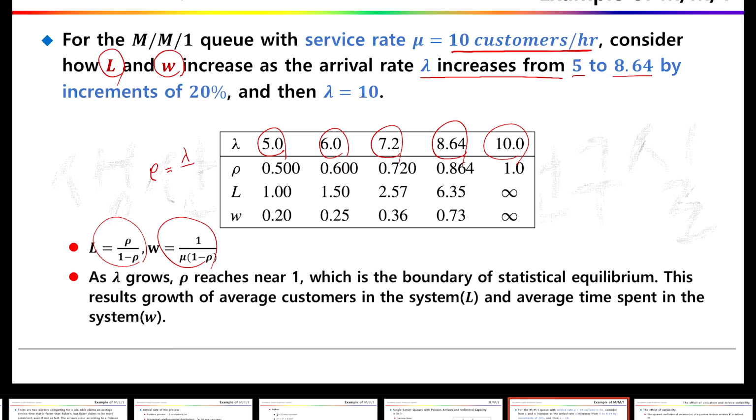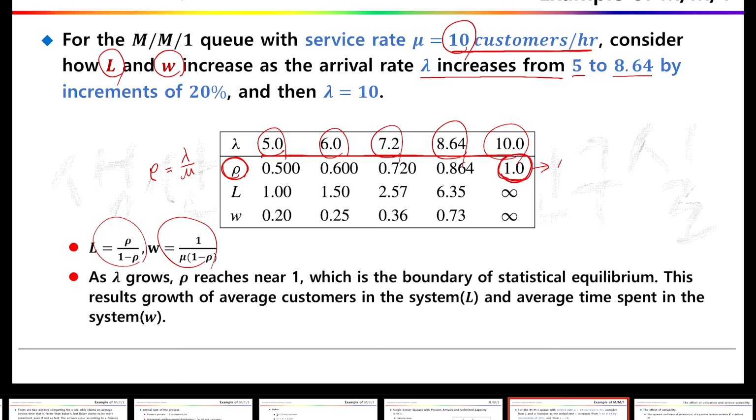Rho is lambda over mu, so mu is 10, so we can calculate utilization with respect to each lambda from 5 to 10. Let's check this number.